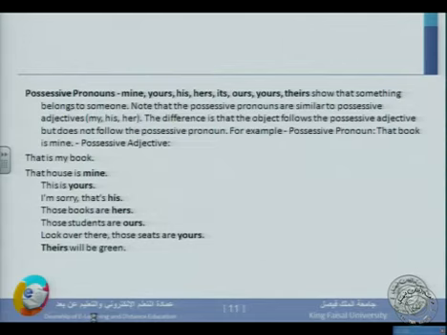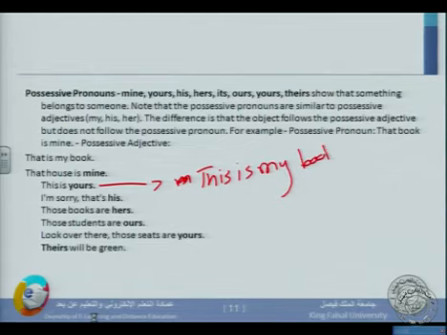Like when I say, this is yours, we can say, this is my book. هذه برضو possessive adjective. لكن we can't say this is mine book. هذا خطأ. This is my book.